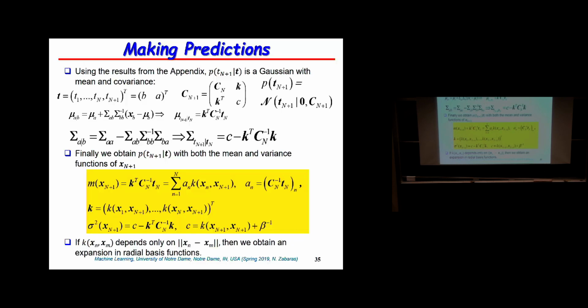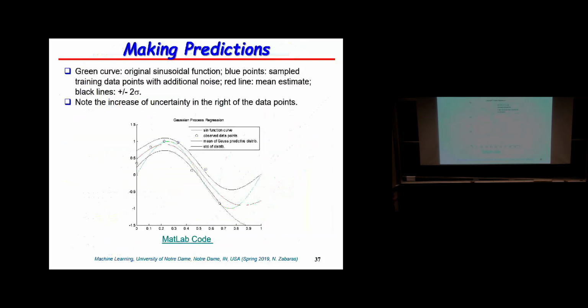All the things we can compute, and this is in essence at any point x_{n+1}. So I can actually plot this as a function of x_{n+1}. If you do that, you will get a plot that looks like this.